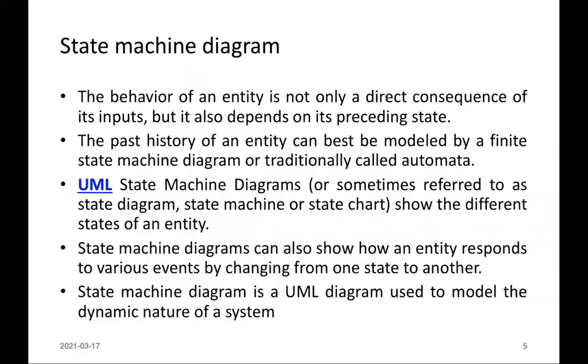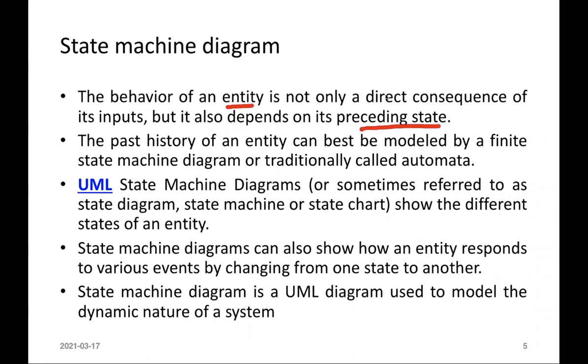What is a state machine diagram? Keep in mind that it is used to build a diagram that can monitor the states of entities to provide an outline of the behavior of a system, which mainly focuses on the behavior of entities within the system. The behavior of entities is not only a direct consequence of just its input, but it also depends on its preceding states.